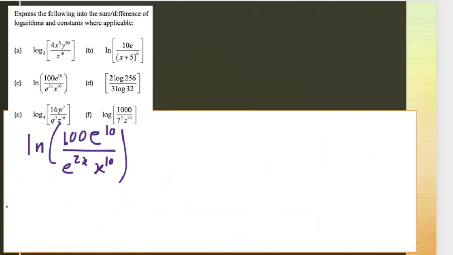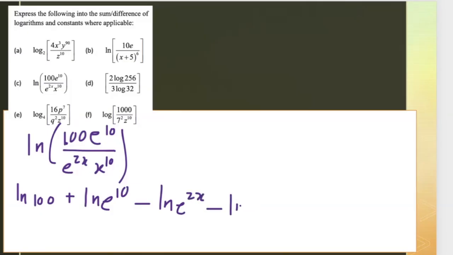So expanding this, we'll have ln 100 plus ln e to the 10, minus ln e to the 2x, minus ln x to the 10.